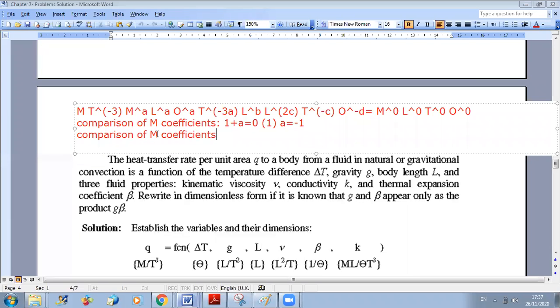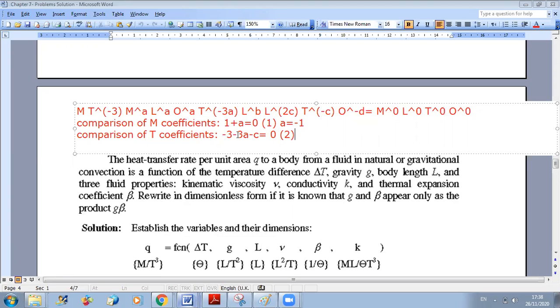What do I have for T from the left side? I have T to the power minus 3 first, so minus 3. I have here minus 3A, so minus 3A. I have minus C. So that's it from this side. From the other side, I have 0, of course. So this is equation number 2.